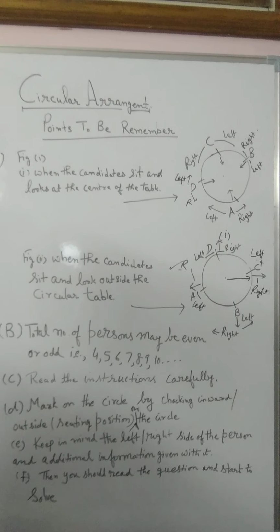So please keep in mind that this is the basic of sitting arrangement, and while solving our questions we have to keep these things in mind before solving a question. This is a set of important instructions we have to follow. Whatever you may take it as, keep this certain, that it is useful to us.